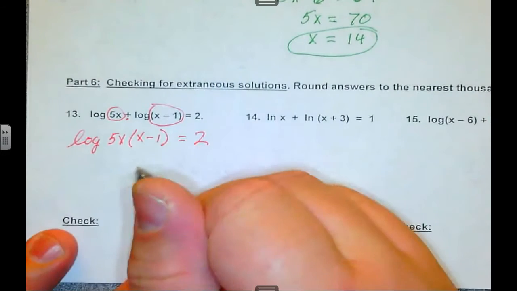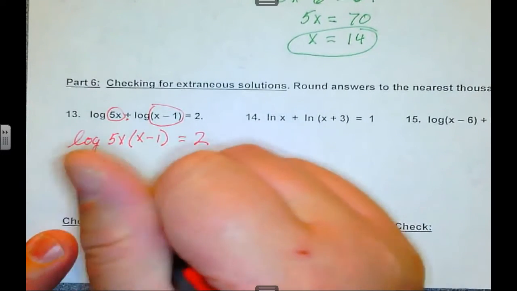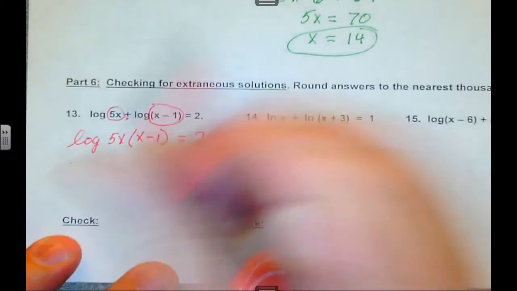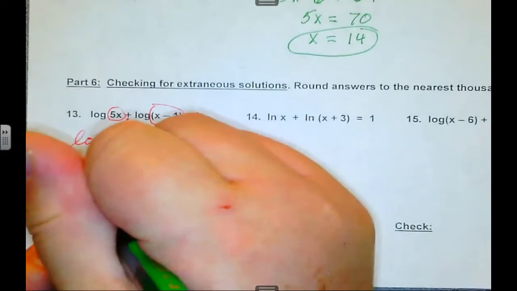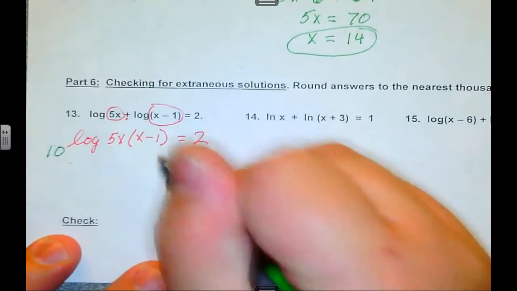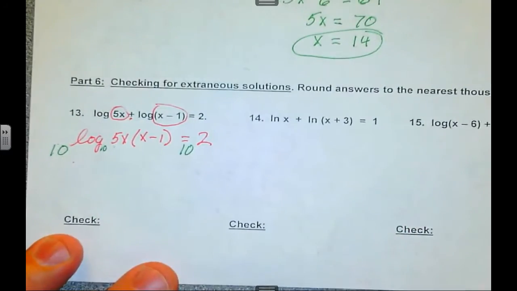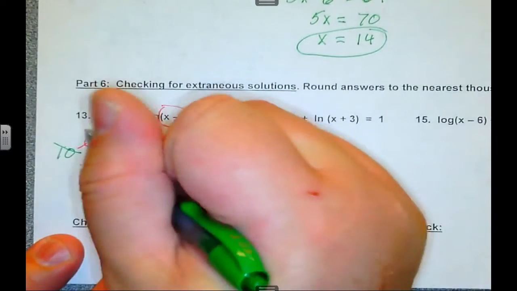Okay, I'm going to distribute. Let's get rid of the log first. So this is common log. I'm going to exponentiate it with 10 because there's a base 10 there, right? So these cancel out.